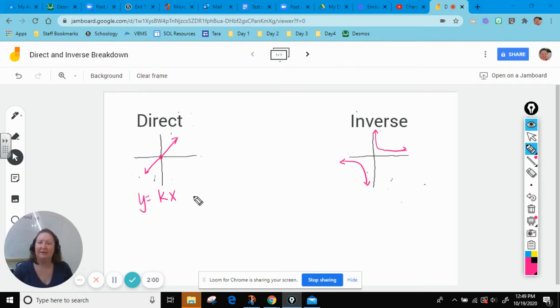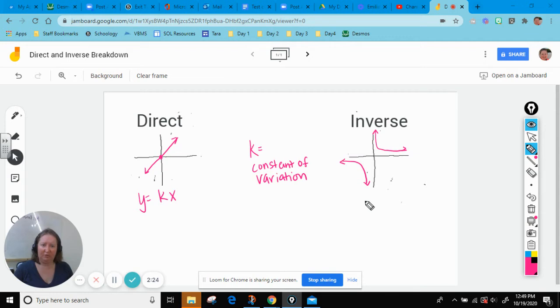That makes sense. So the k value is called the constant of variation. It's how much the y changes for every change the x makes, okay? So that's the equation. That's what it looks like.